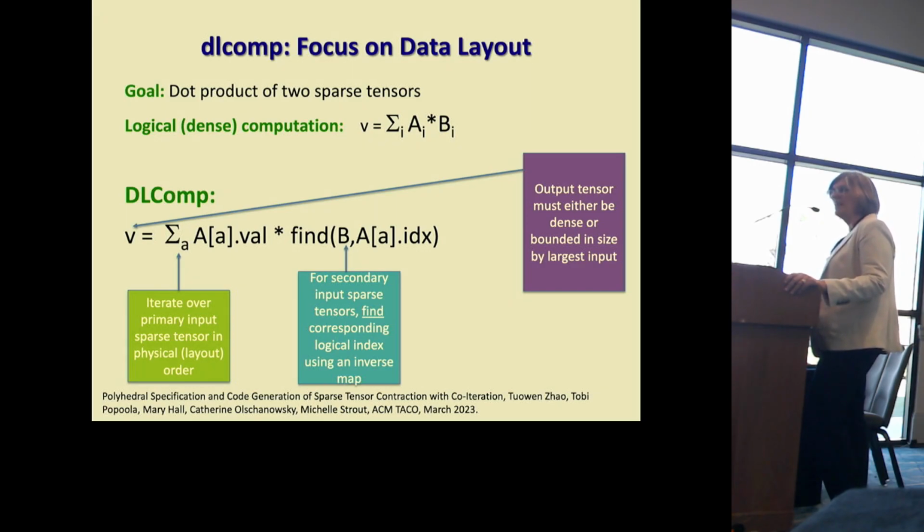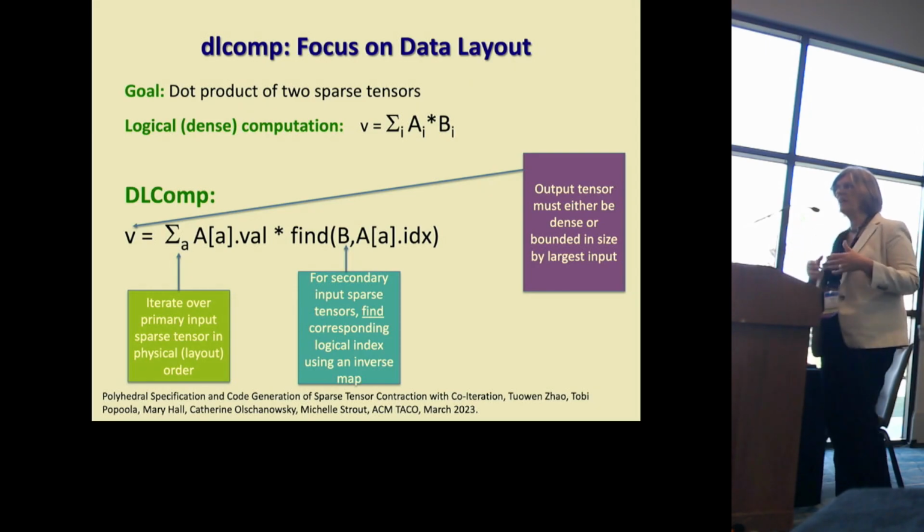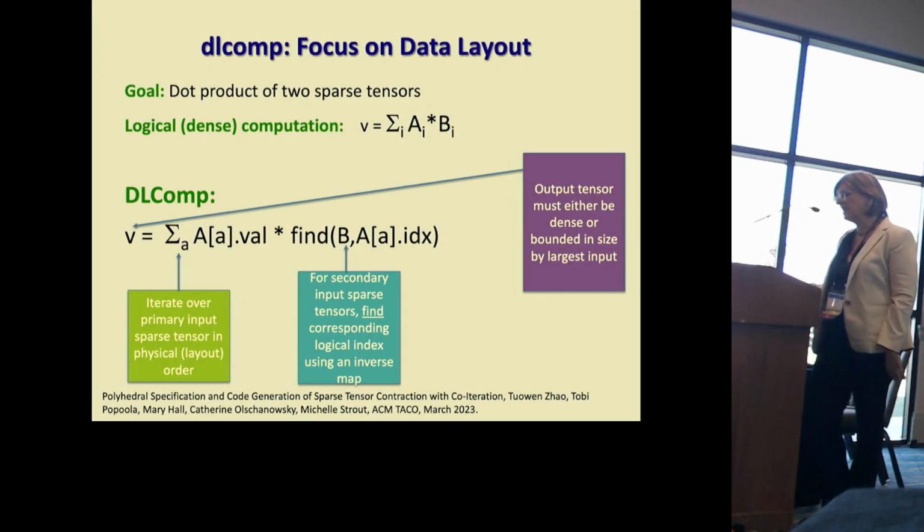So the logical dense computation is the sum of the product of corresponding elements of two vectors. And what dlcomp does instead of this dense computation is it's actually going to iterate over one of the data layouts. We'll call it the primary tensor. And it's going to iterate over what we call the physical representation, the actual data layout in memory, just the non-zeros of the first tensor.